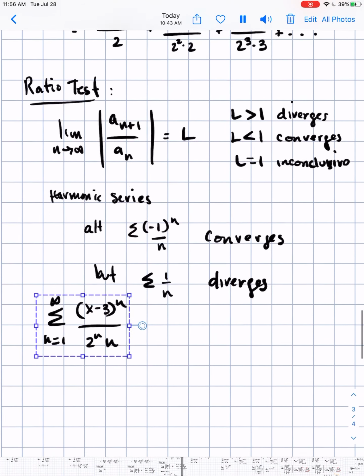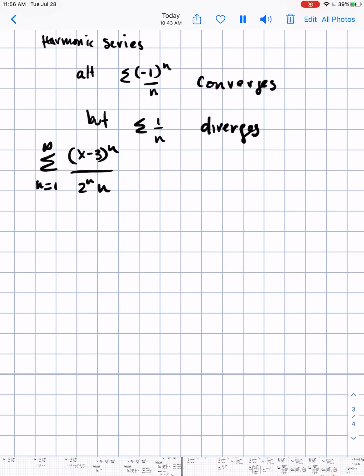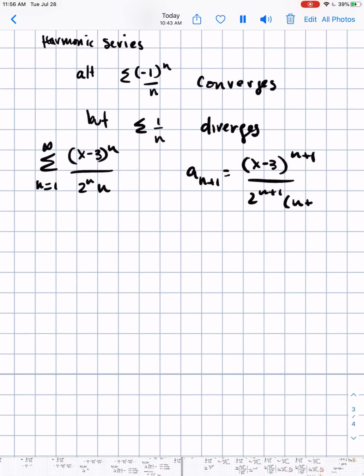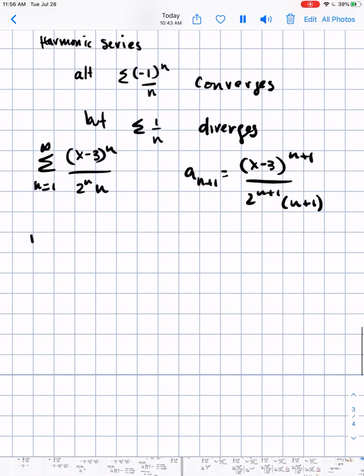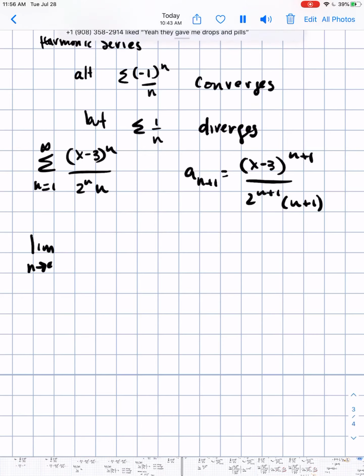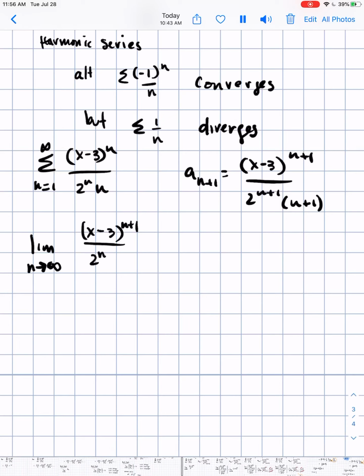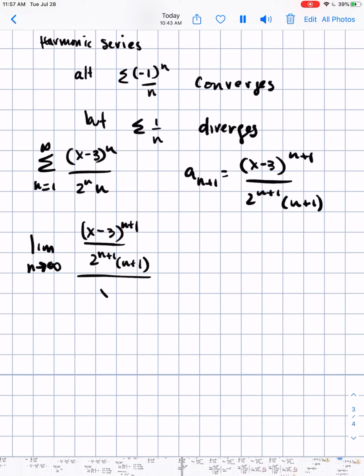And let's find that interval and radius. So first thing is, what is a sub n plus 1? That means you're just putting an n plus 1 everywhere you see an n. Okay, so now if we do our ratio test, the limit as n goes to infinity of a sub n plus 1 over a sub n, so that's your original series.